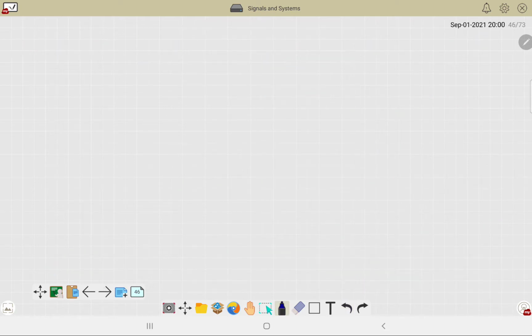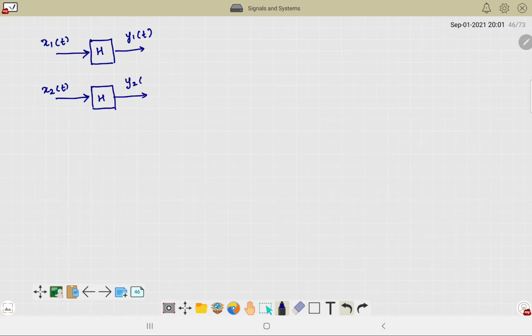So what I'm trying to say is, let me show it graphically. This is a system. It has a system property h. I'm giving an input x1(t). It's giving me output y1(t), right? Then again, I have the same system represented by the system property h. I'm giving the input x2(t). It gives me y2(t), right?